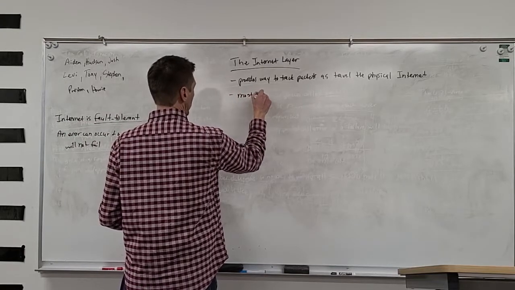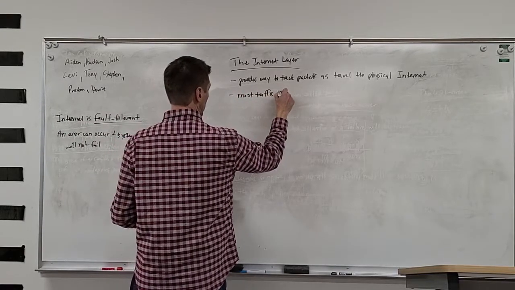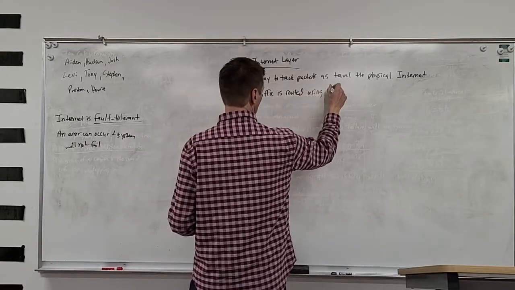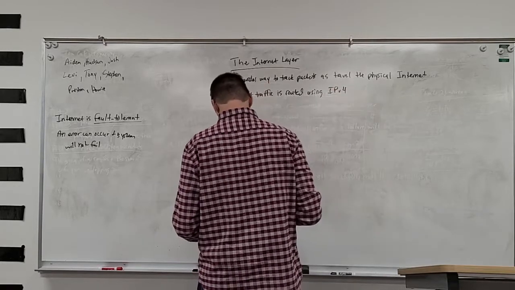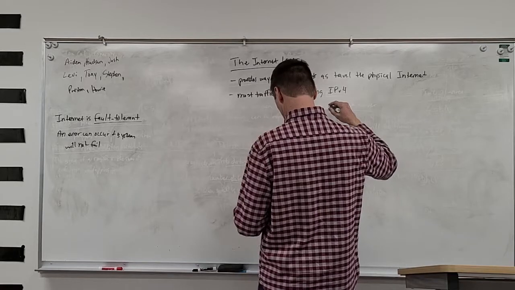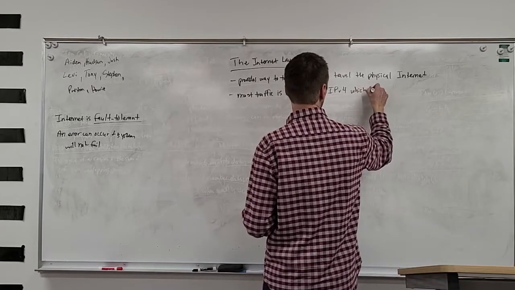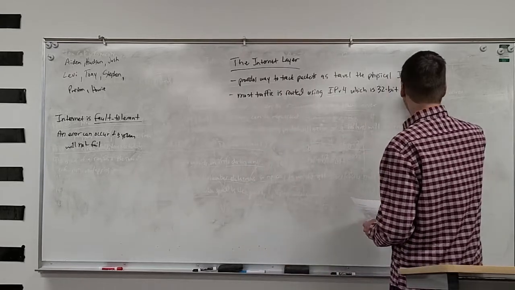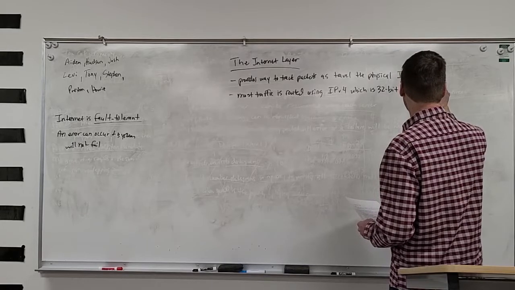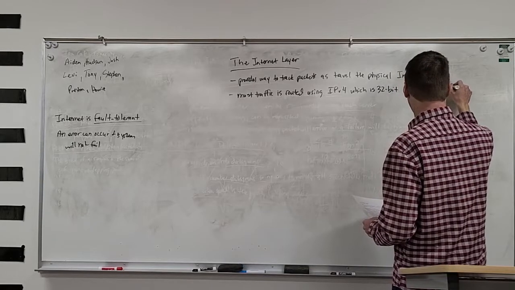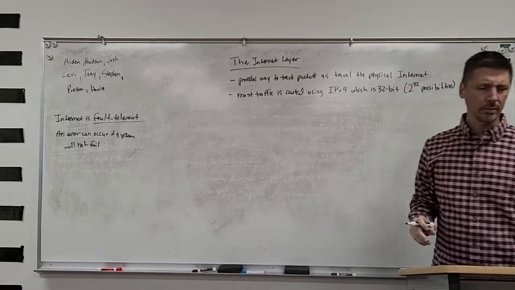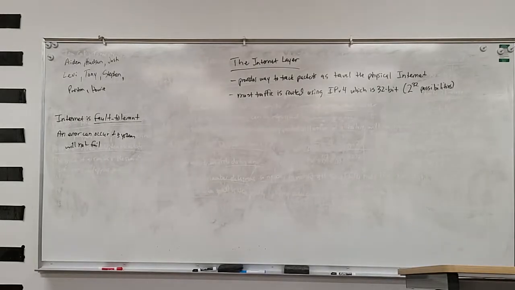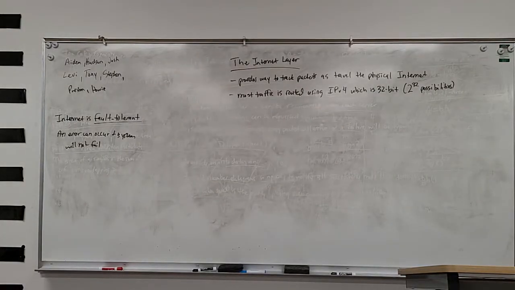Most traffic is routed using IPv4, which is 32-bit. So that means 2 to the 32 possibilities. I think we talked about this last time, where we showed you an example of an IPv4 address for a machine. Did we talk about that?